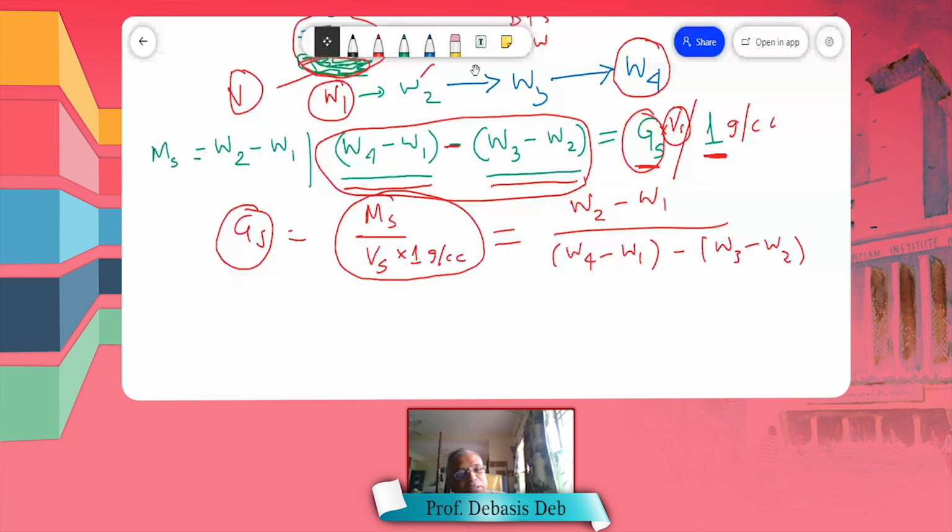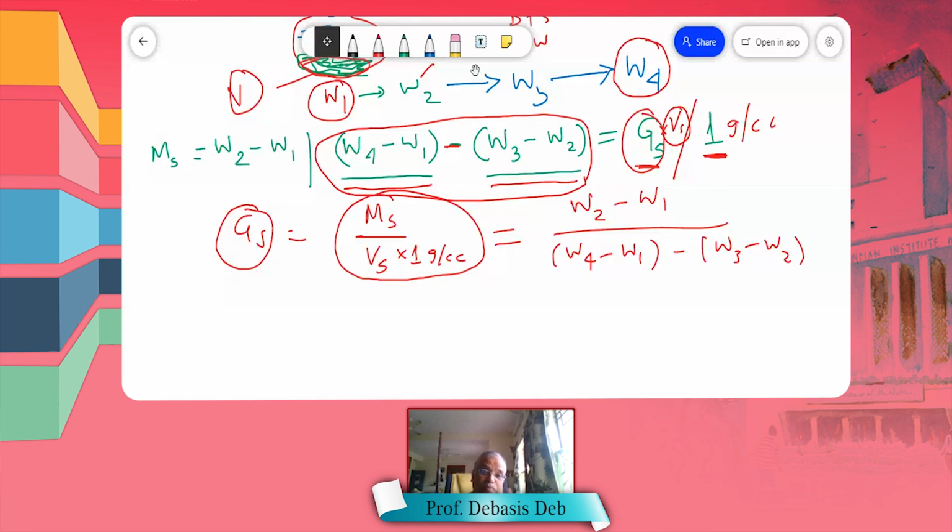Yes. It's the Archimedes principle to find out the volume of any irregular shaped object. Now here, again, you have to remember that in this case, I have not given you the porosity.